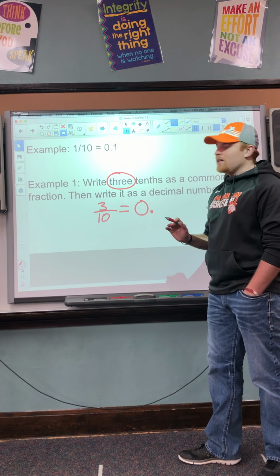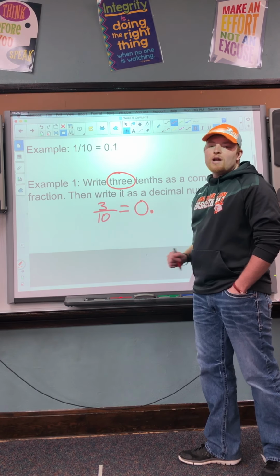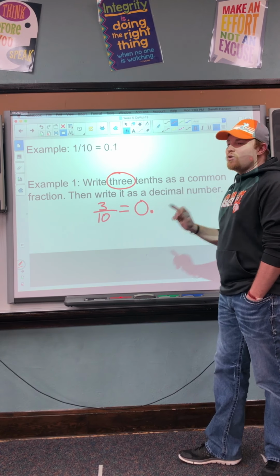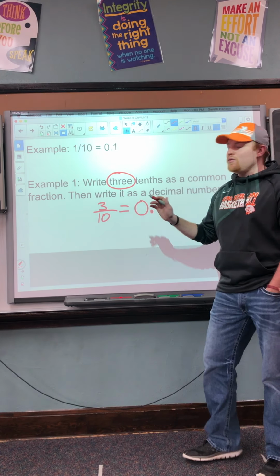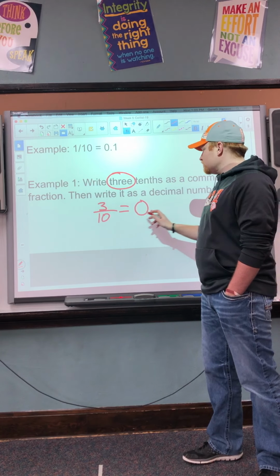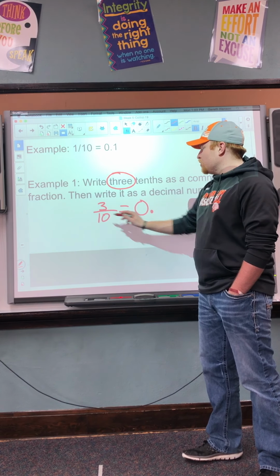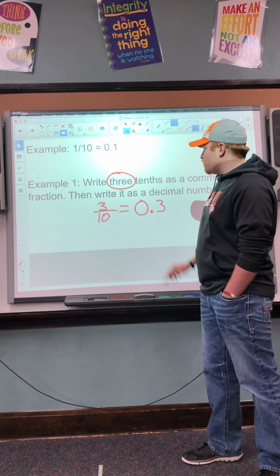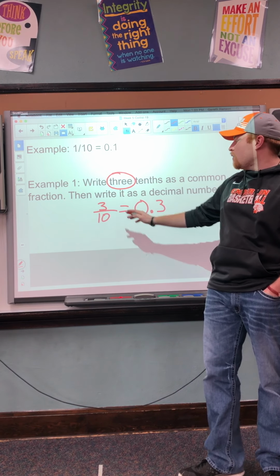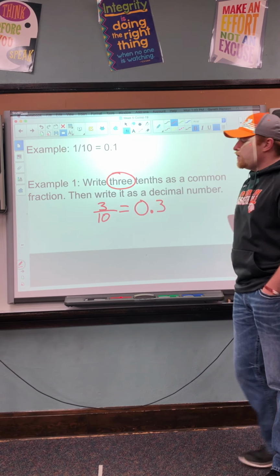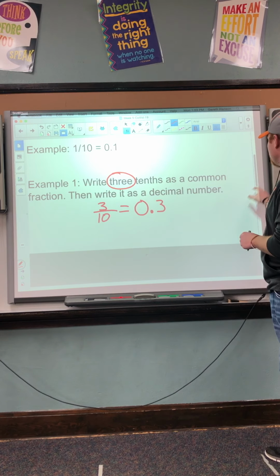We're just focusing on the tenths. Whatever the numerator is, that is the number that goes into the given place value. Since we're looking for the tenths, we put the 3 in the tenths place. So now we have our fraction and we have our decimal. That's all we need for this example.